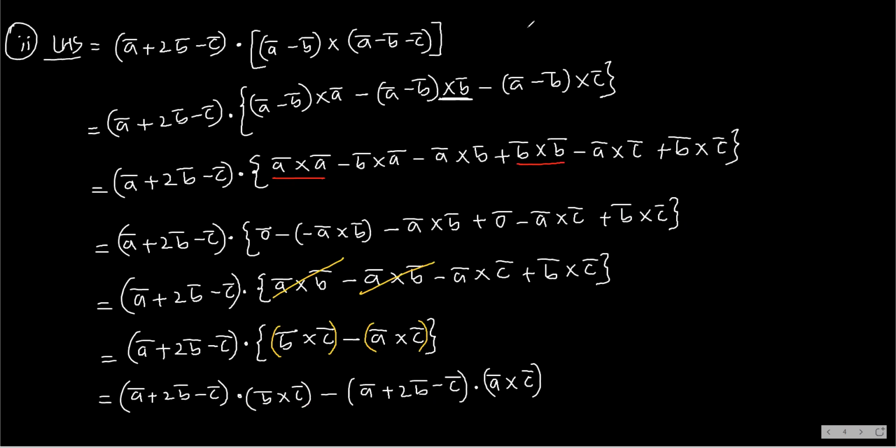You will get here a bar dot b bar cross c bar plus 2b bar dot b bar cross c bar minus c bar dot b bar cross c bar.